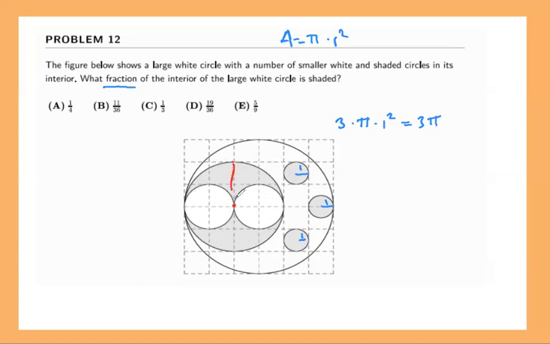The radius of that is going to be this distance, but I chose this to be 1, which means 1 unit is 2, right? So this radius will be 4 and this radius will be 2. So the area of this circle is pi times 4 squared.